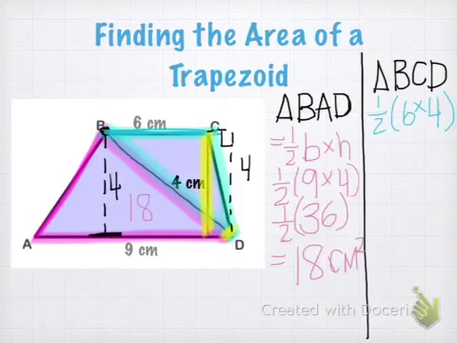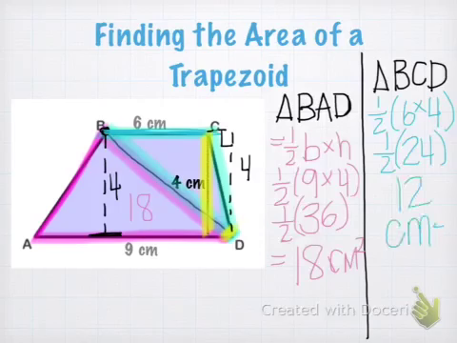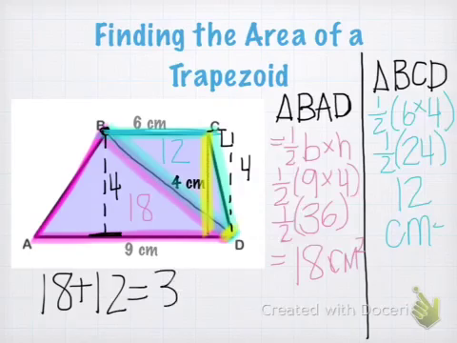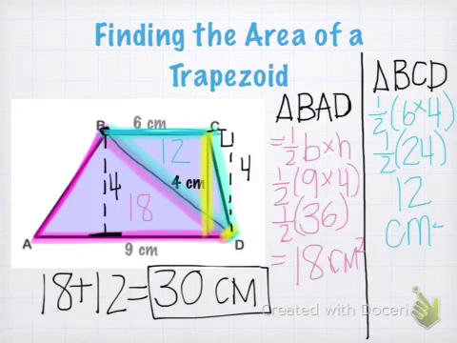So 6 times 4 is 24, and we are going to do 1/2 of 24 since we're dealing with a triangle. So half of 24 ends up being 12 square centimeters. So this one is 12. In order to find the total area of the trapezoid, I would need to take my 18 plus 12, and that is going to give me a total of 30 square centimeters as the area of this trapezoid.